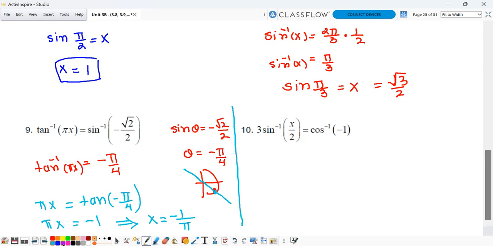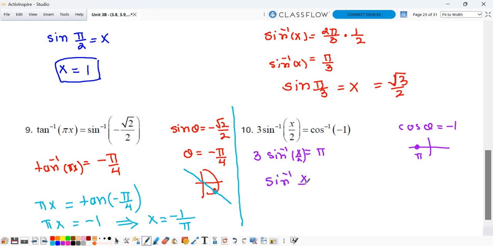Okay, so for this one on this side, I like to use different color paints. Cosine inverse of negative 1, which means cosine theta is negative 1. Cosine theta negative 1 is here. The location is pi. So this is pi equals 3 sine inverse x over 2. You must divide by 3.